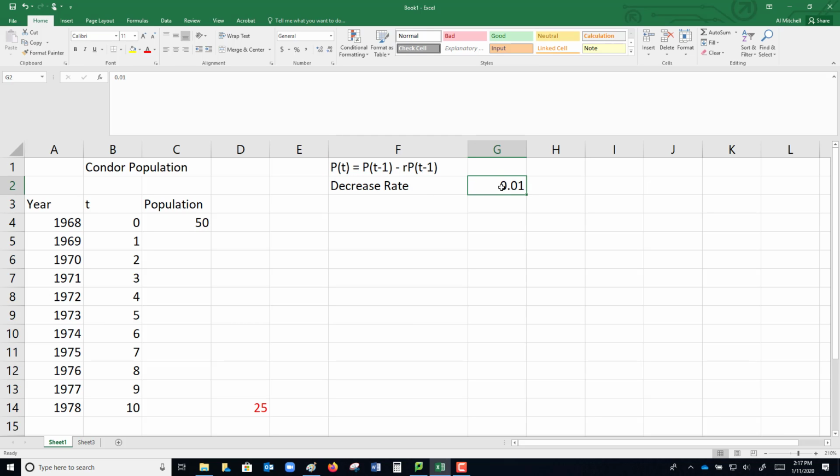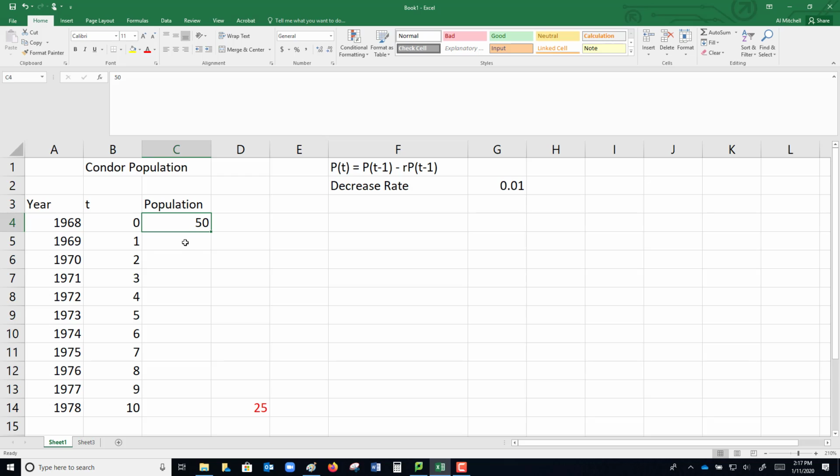The decrease rate is just some fixed parameter that we're going to put in this box for now, and we'll play around with that value. Maybe we can guess and check what it would be and see what Excel tells us. I've labeled our years as 1968 through 1978. We're assuming there's an annual decrease, so that's what this decrease rate will apply to. And the beginning at year 0 is 50.